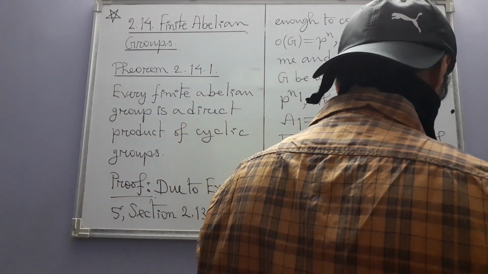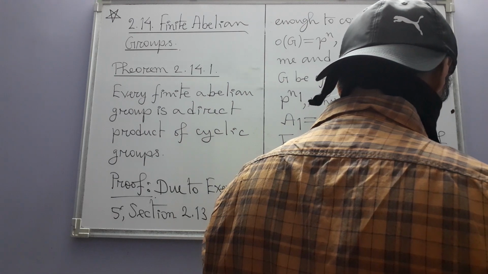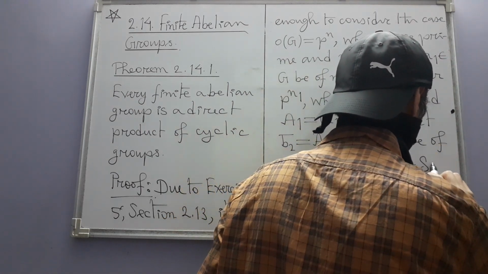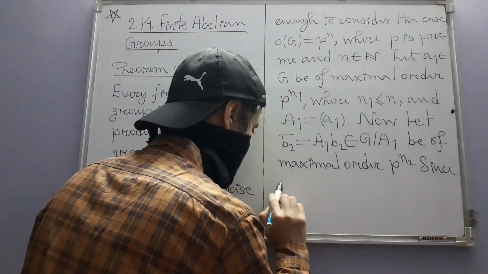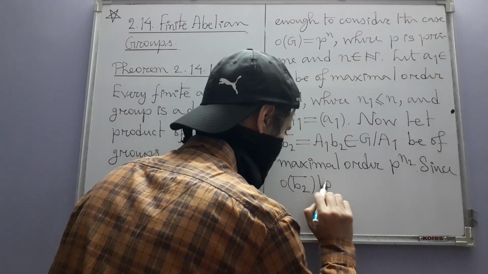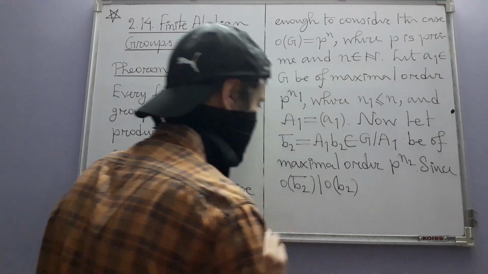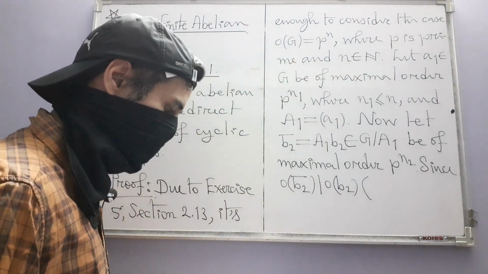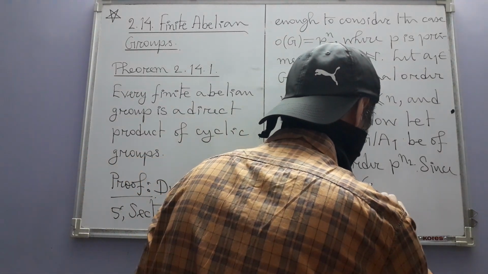And from that relation, we will have this next thing. Since the order of b2 bar divides the order of b2, and the relevant exercise where we proved this is this.